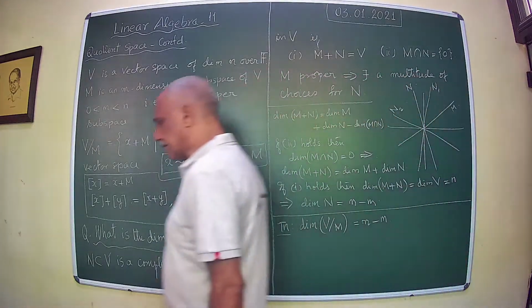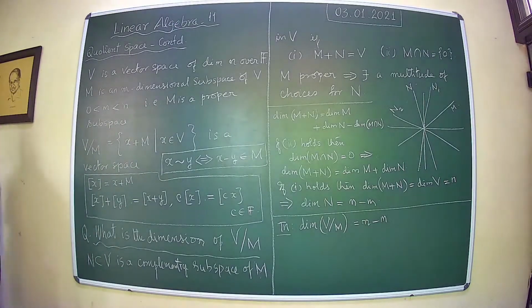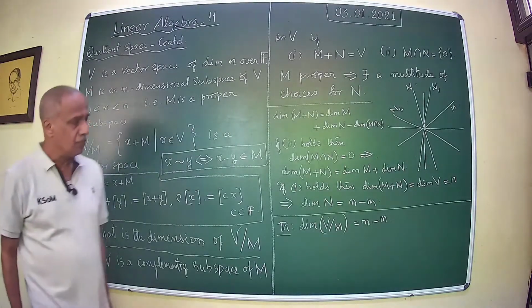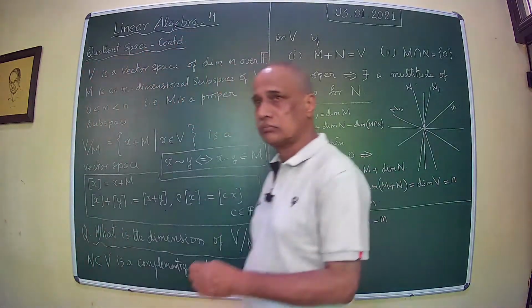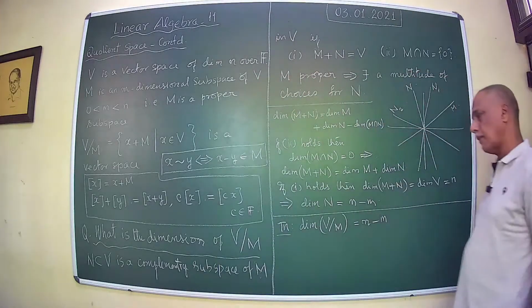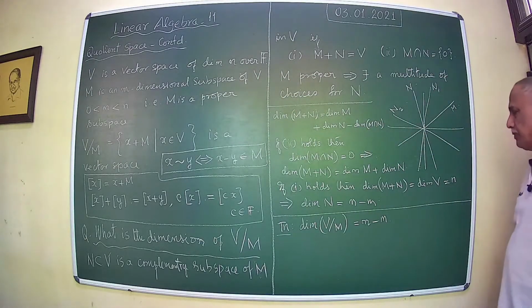So we construct a basis for V by M consisting of n minus m vectors.